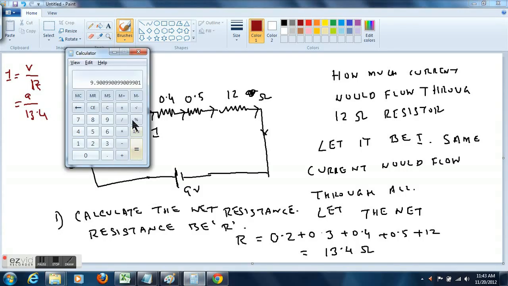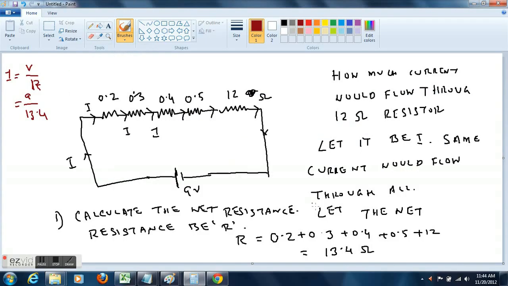So if we divide 9 by 13.4, we will get the value of I, which is the current flowing through the resistances, or through the circuit. So 9 upon 13.4 comes to 0.67 ampere.